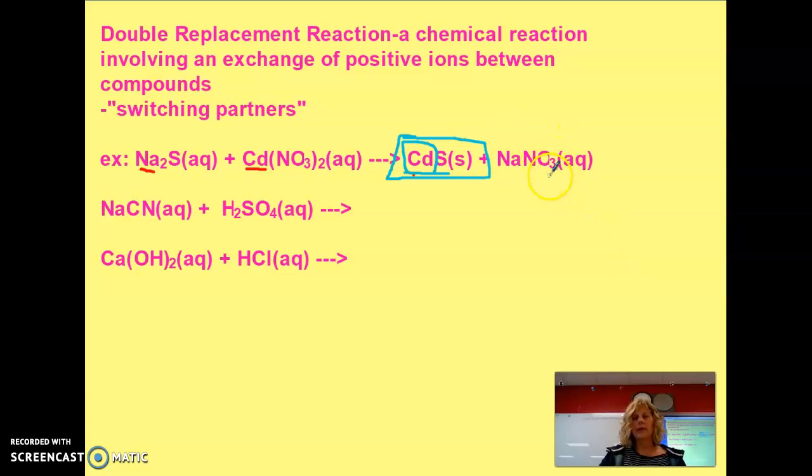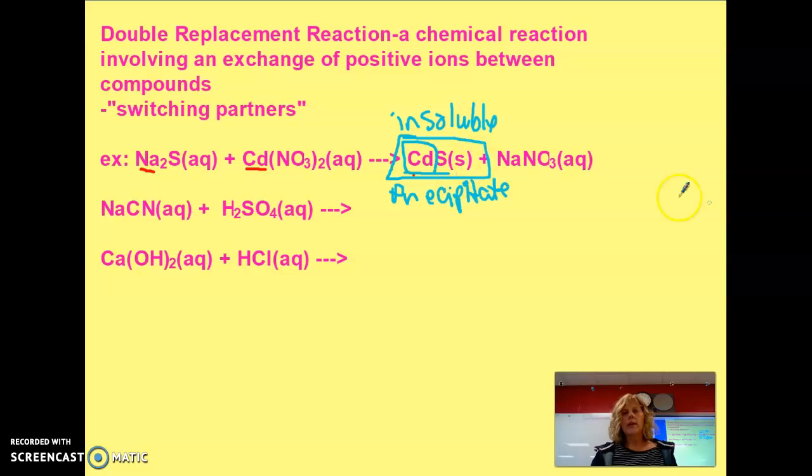So it's always going to be super easy with nitrate. It's always going to be soluble. It's never going to form a precipitate. So what this means is this one is insoluble. Insoluble means, I'm going to just write this on the board really quick, insoluble means a precipitate.